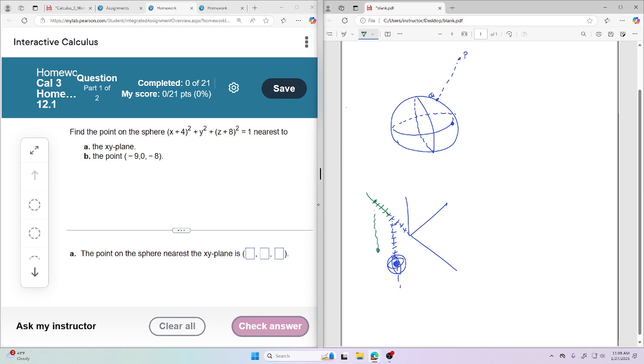You can see that they're almost right next to each other. They're separated by this distance right here, which is the same distance from the center to that point. Cool? Okay, so graphically, are you kind of seeing where we're going there? Awesome. But they're wanting a point that's closest on the sphere.